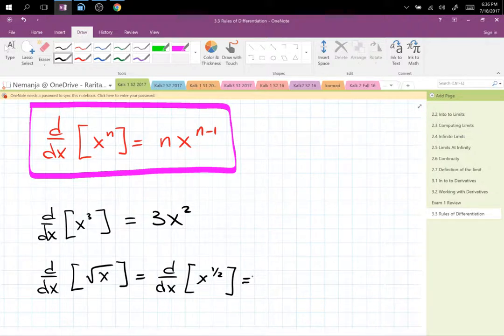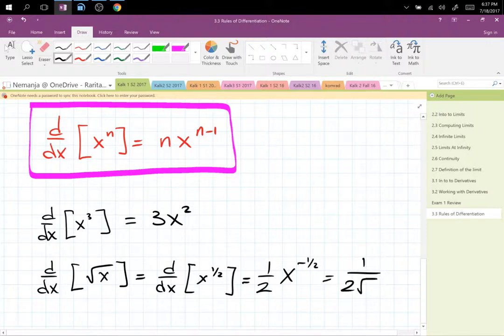So the exponent comes out in front. So now, what is the derivative of this? Very good. Which you can write as 1 over 2 root x.